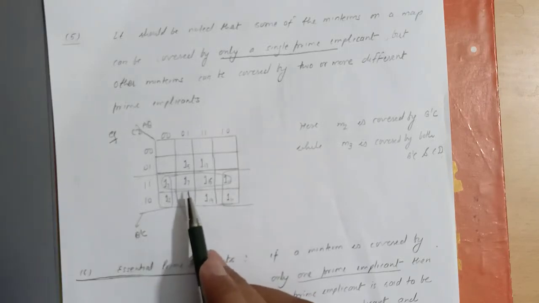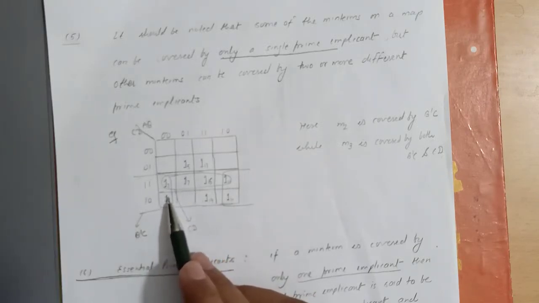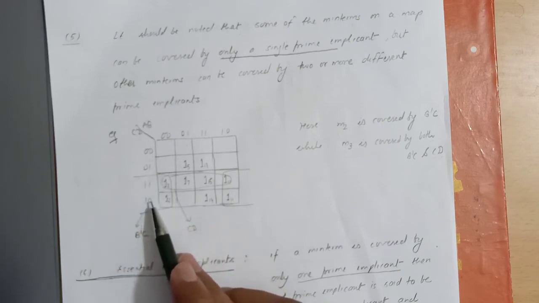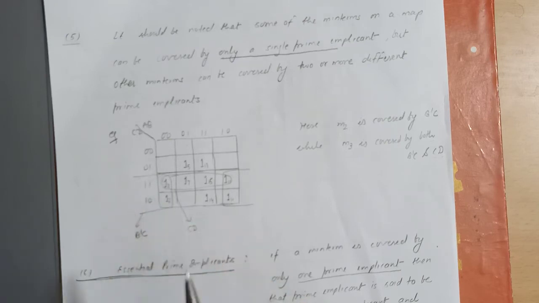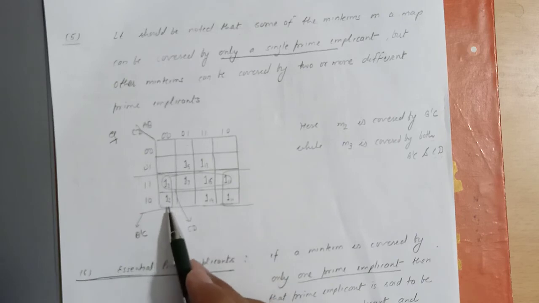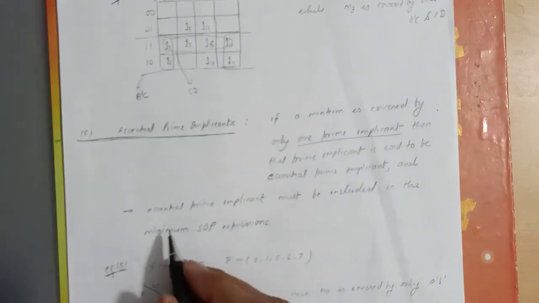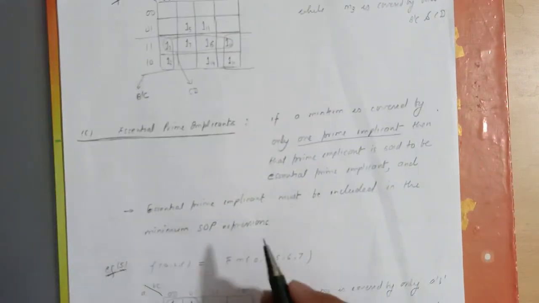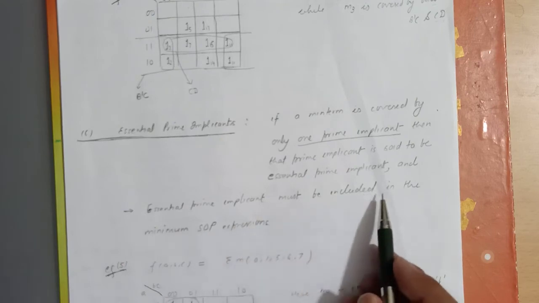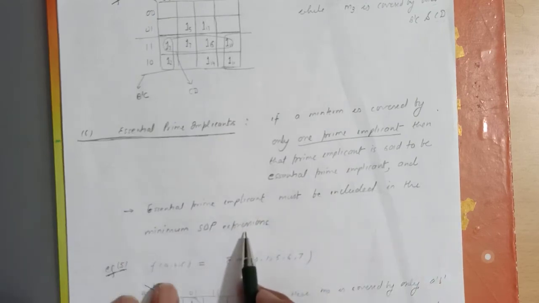If on a K map there are certain minterms that are covered by only one prime implicant, that prime implicants are called essential prime implicant. Also, essential prime implicants must be included in minimum SOP.